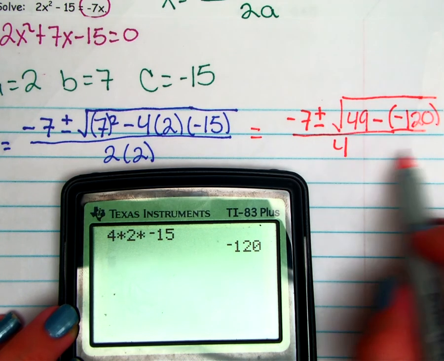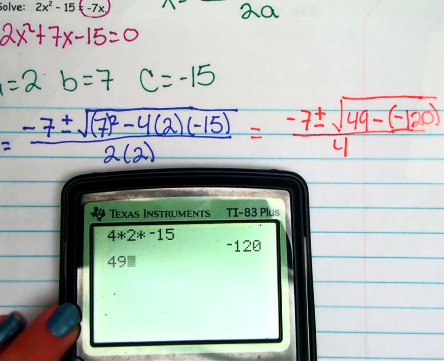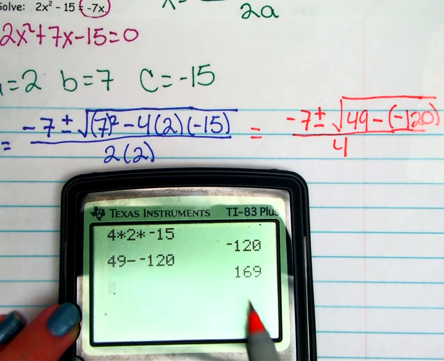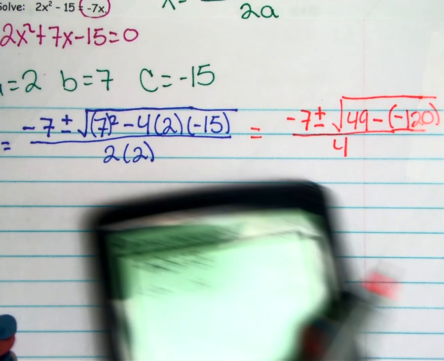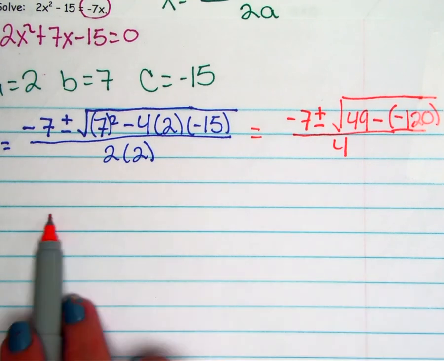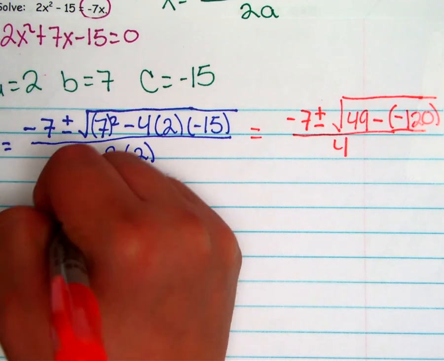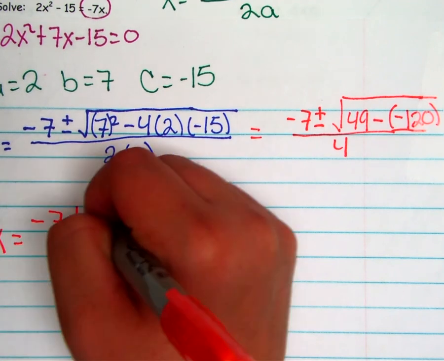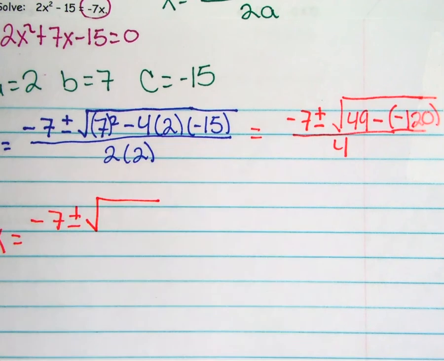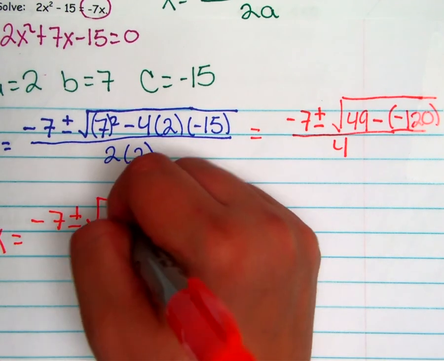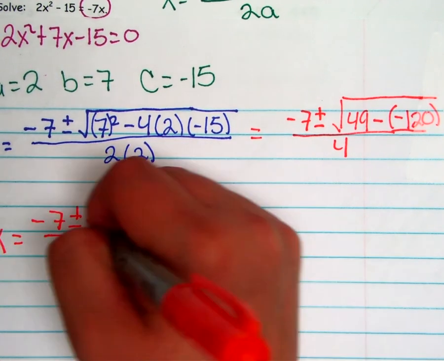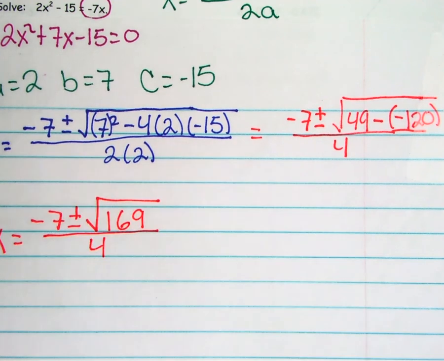Now let's combine those two. 49 minus a negative 120 is 169. So I'm going to rewrite that even more down here. So again, that's x equals negative 7 plus or minus the square root of 169, and that is all over the number 4.